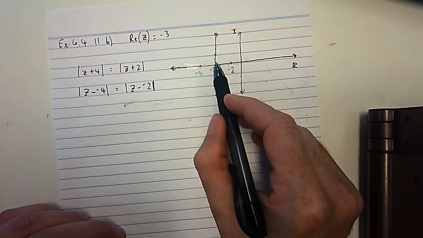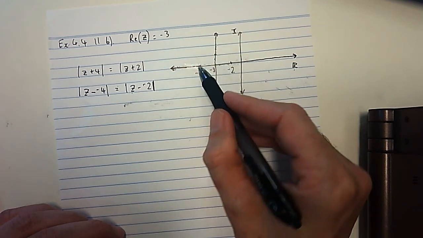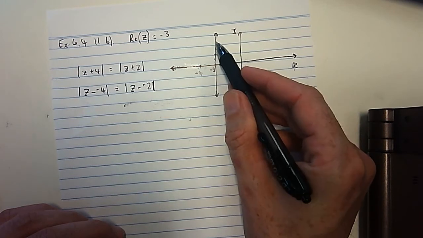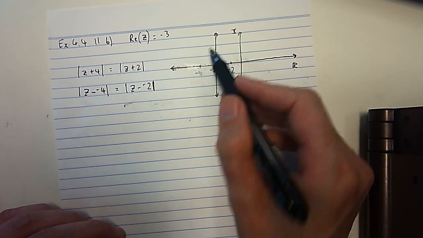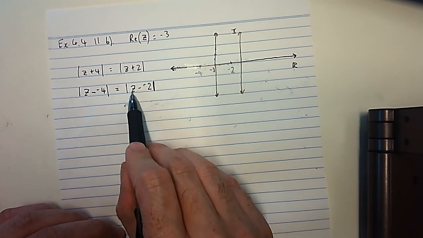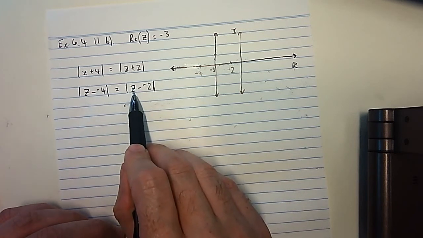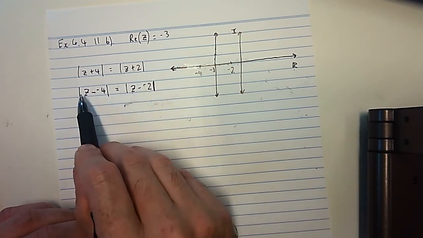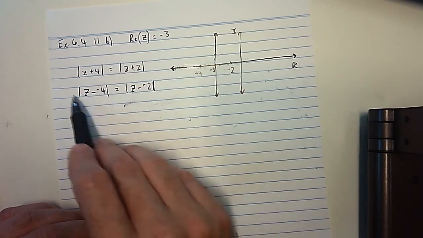In every single one of these situations on the line, the distance to that point z is equal to the distance from -2 to z. That's what this means: what values for z exist such that the distance from z to -2 is equal to the distance of z to -4.